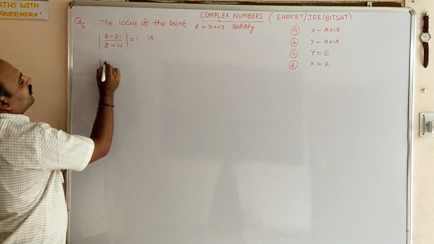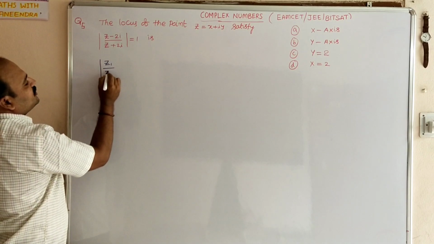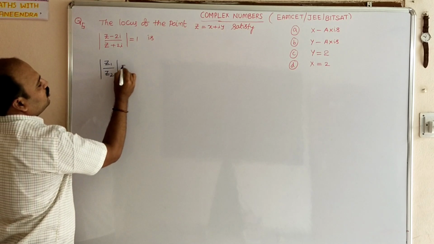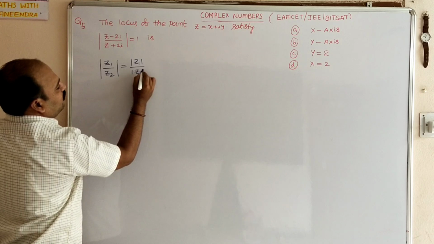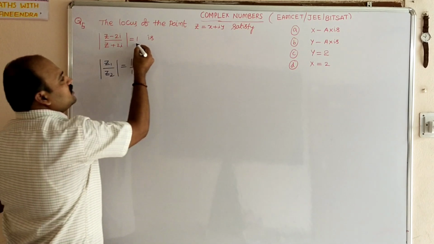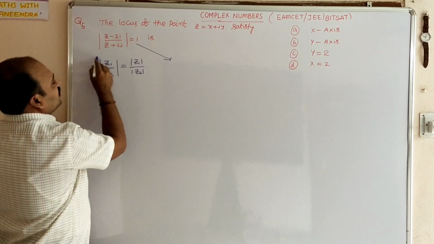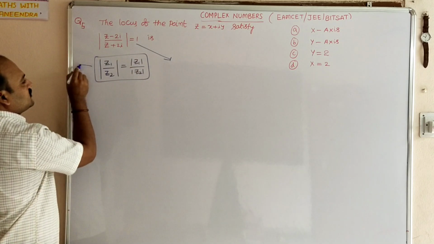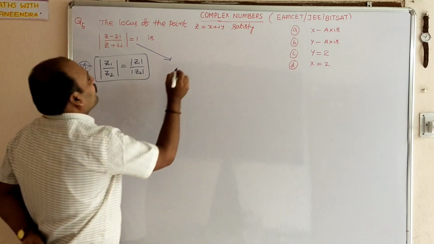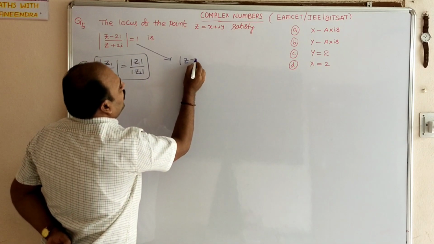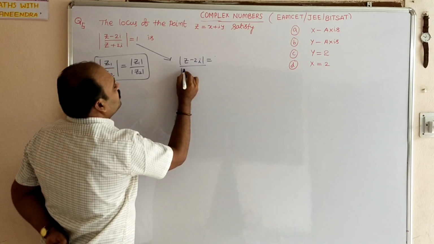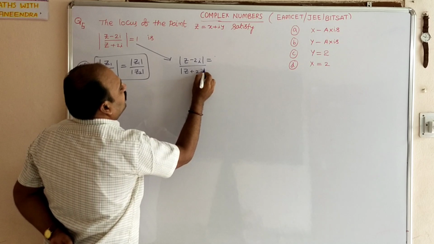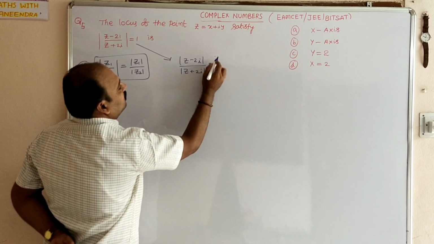One of the properties we have: mod z1 by z2 is equal to mod z1 by mod z2. So by using this property, the given condition will come as mod (z minus 2i) divided by mod (z plus 2i) is equal to 1.